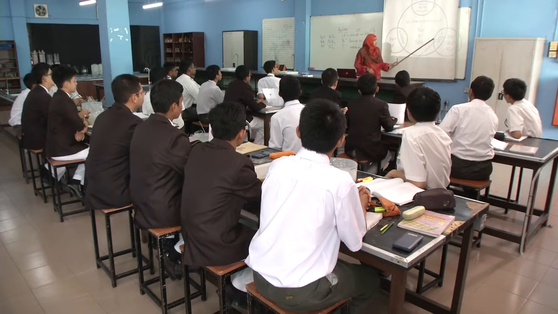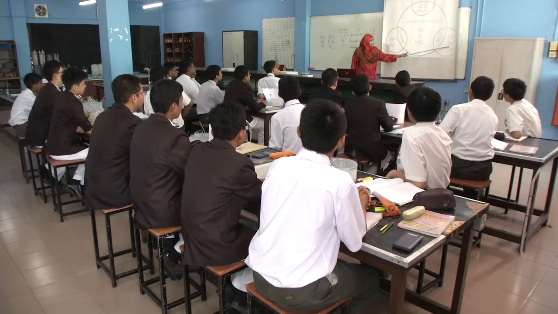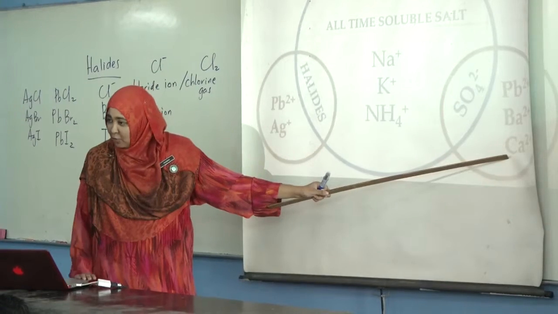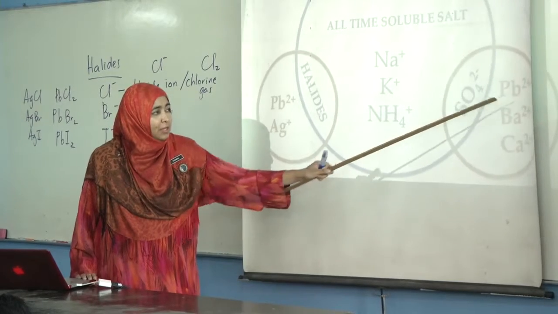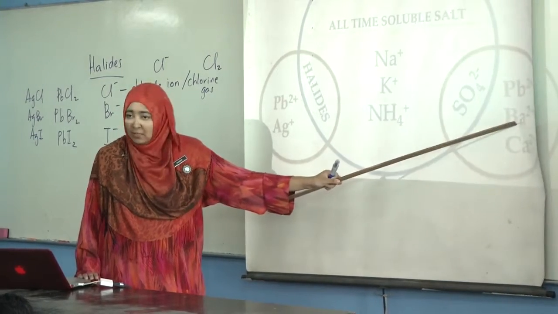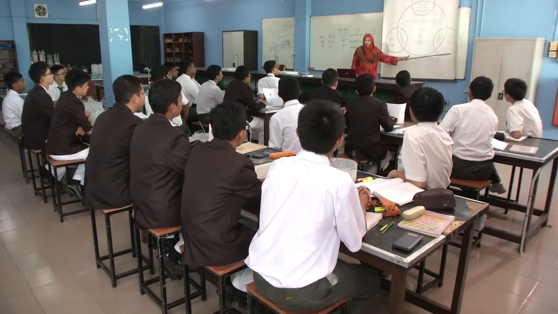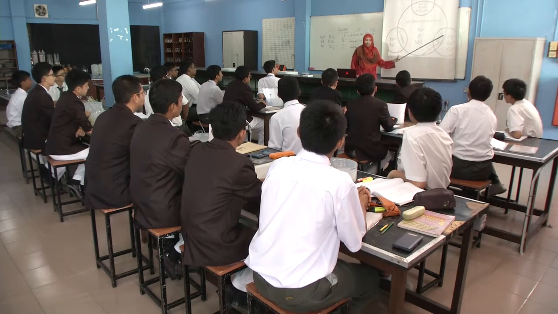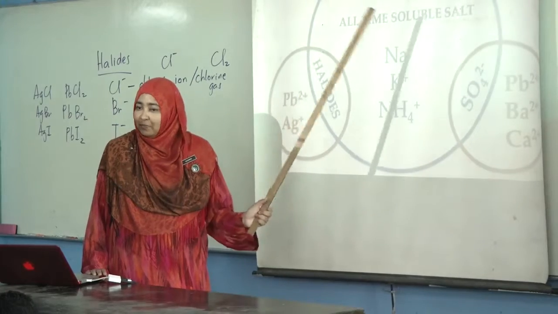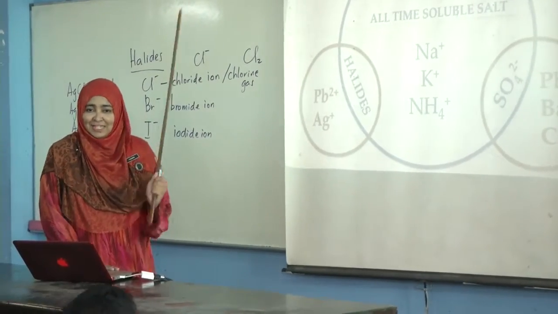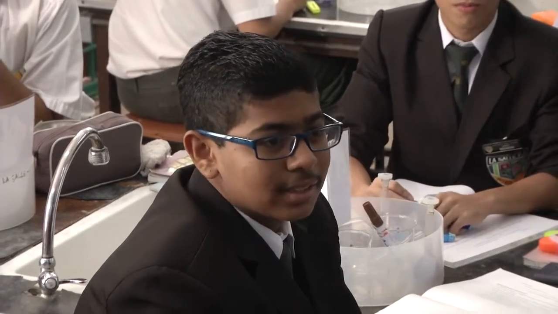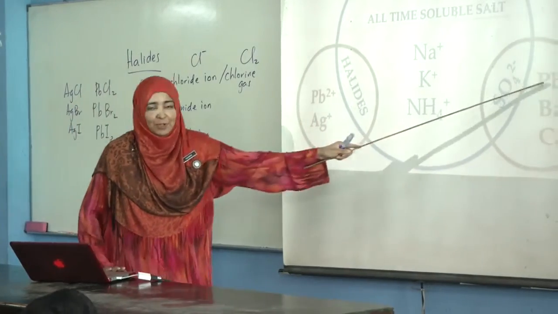Now, let's go to sulfate. For sulfate, we have Pb2+, Ba2+, and Ca2+. So, Pb2+, Ba2+, Ca2+ means lead sulfate, barium sulfate, calcium sulfate. So how to make it easier? Any example? Just now I gave already, Permaisuri Agong. Yes, Tanish. Persatuan Bahasa Cina. That's one good one.